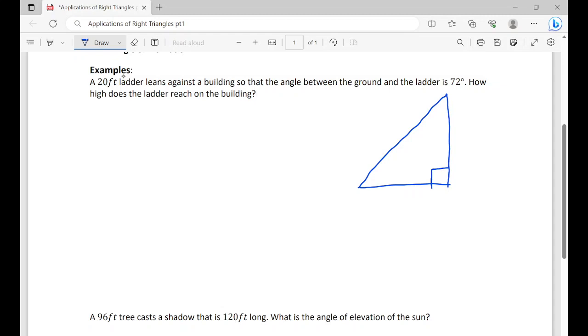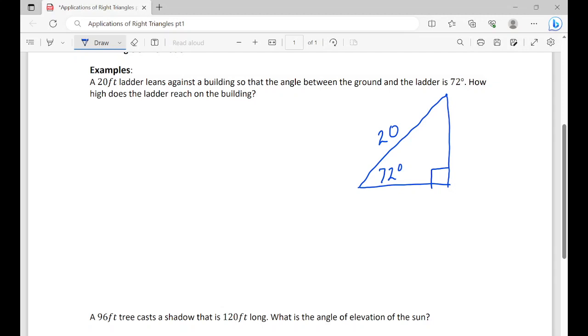I know that the ladder leans against a building and it's 20 feet long. So the ladder leaning against this building is 20 feet, so the hypotenuse is 20. And I know that the angle between the ground and the ladder is 72 degrees.